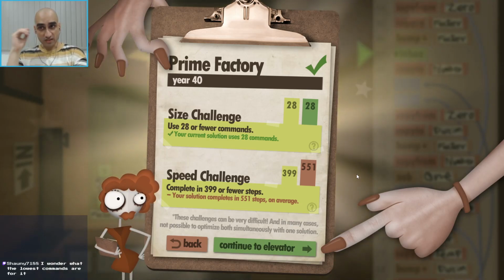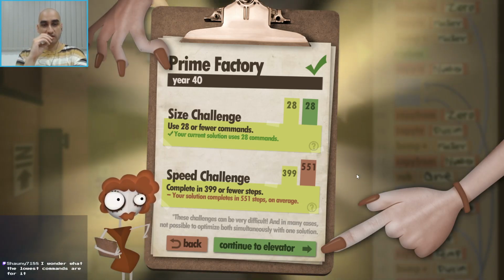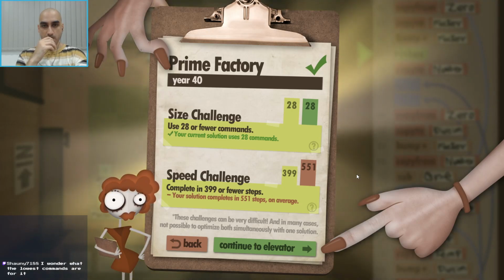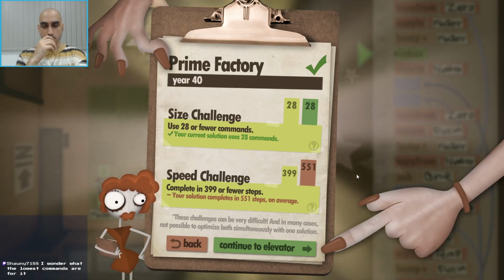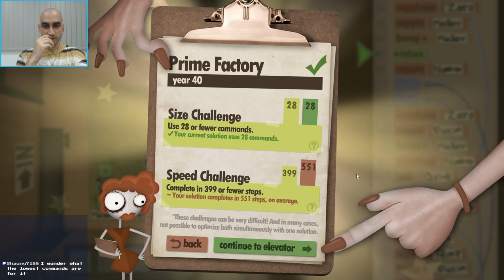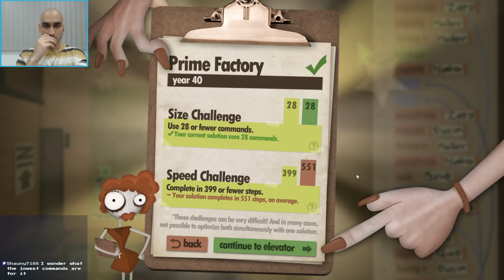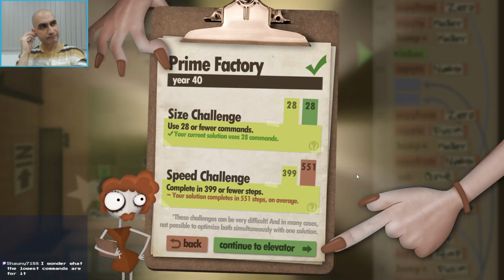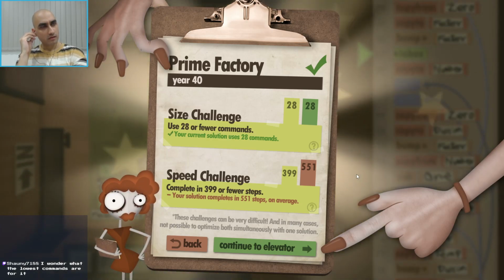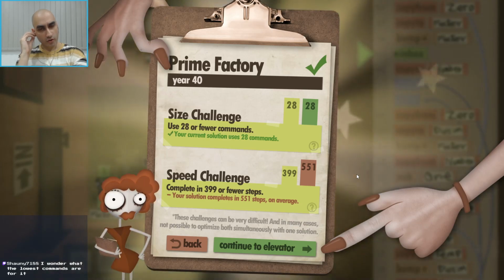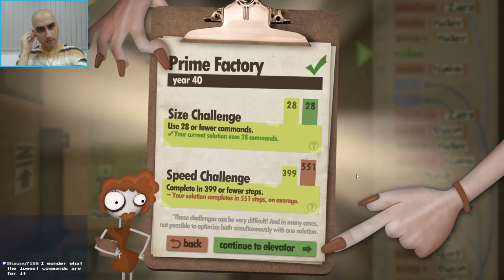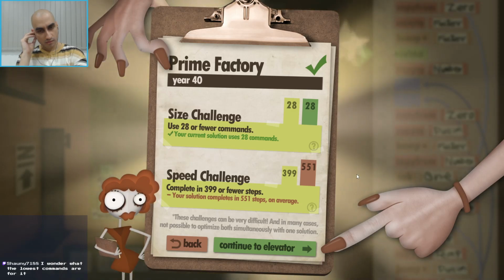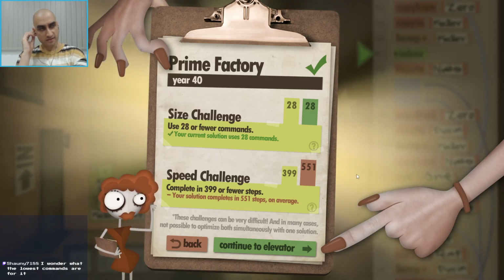I wonder what the lowest commands are for it. Yeah, I'm not sure. I'm not sure you could really get away with going much lower than this, because this is trial division.